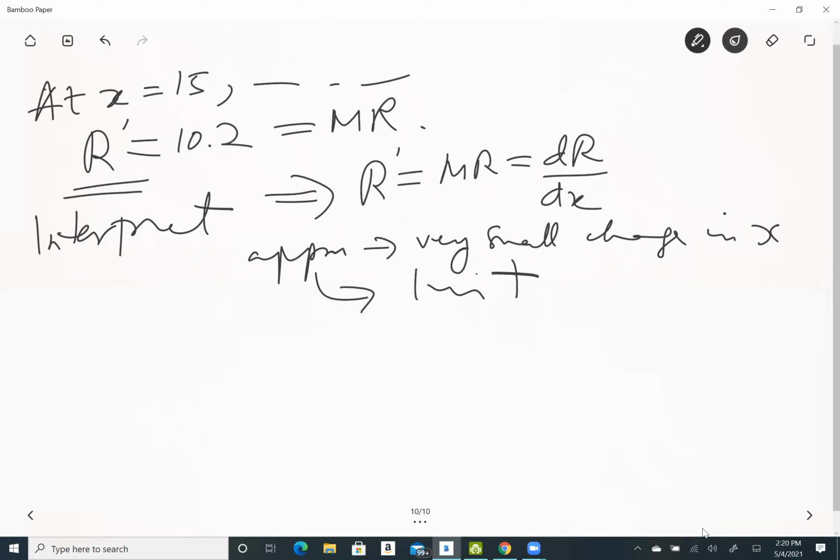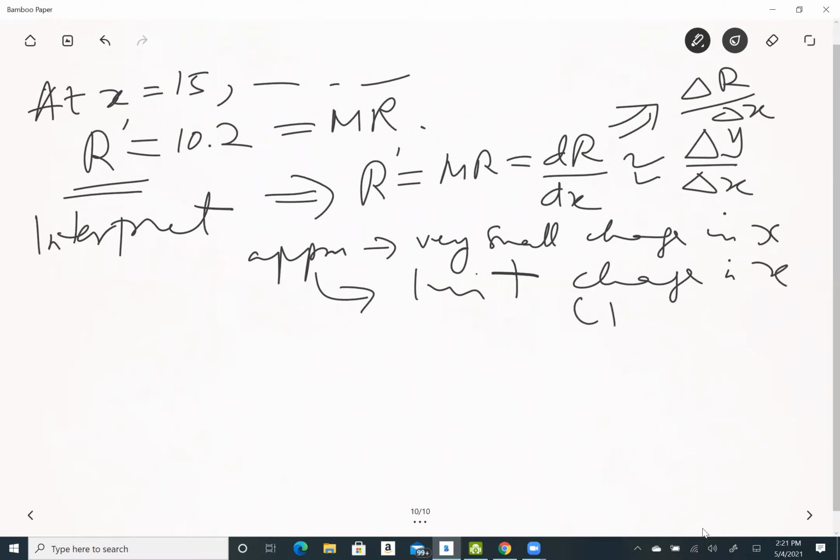So dR/dx, when you do the application and you want to interpret it, we go back to the first topic. When you do the interpretation, you use the delta y over delta x, approximately. So here you think of it as delta R over delta x. We are looking at a unit change in x.